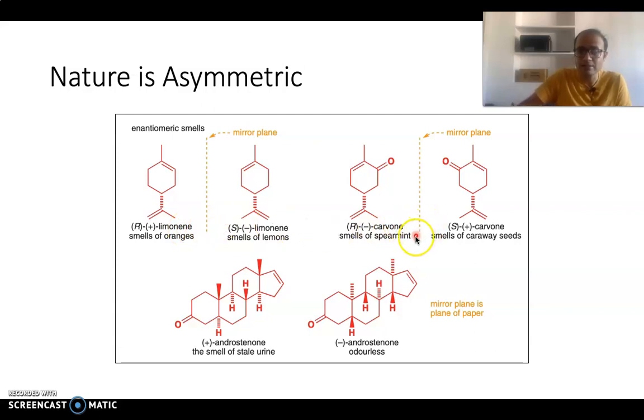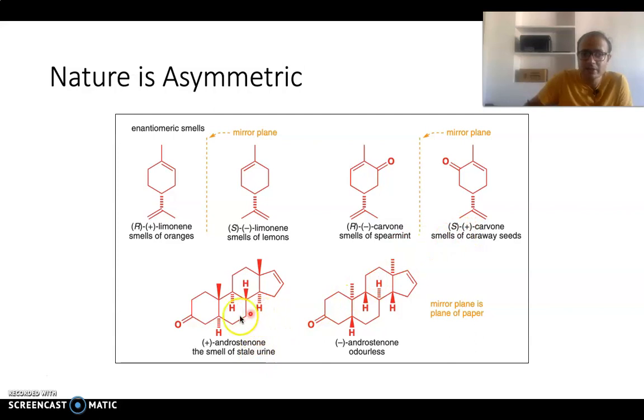Here another example is carvone, which gives the smell of spearmint, and the plus isomer gives the smell of another kind of seed. So just the enantiomer itself is giving two different properties in nature.